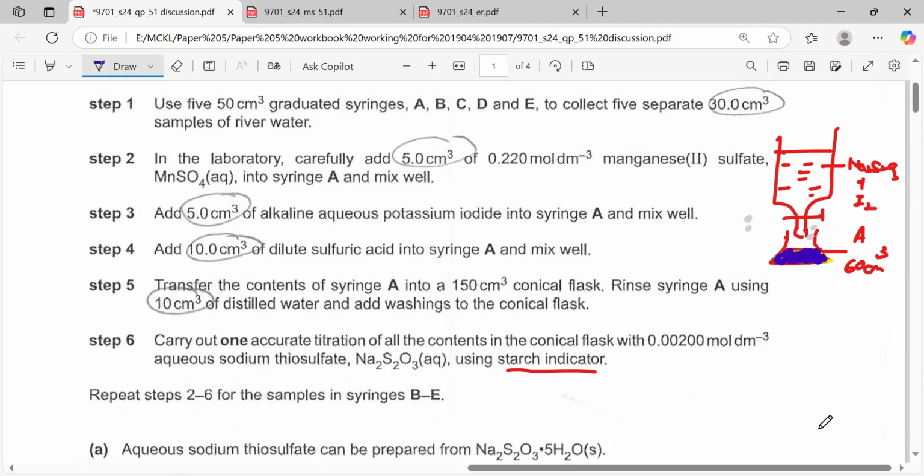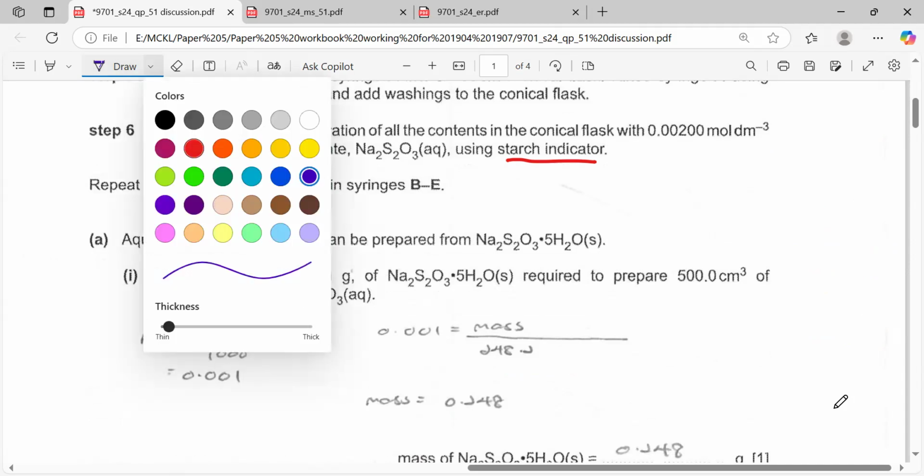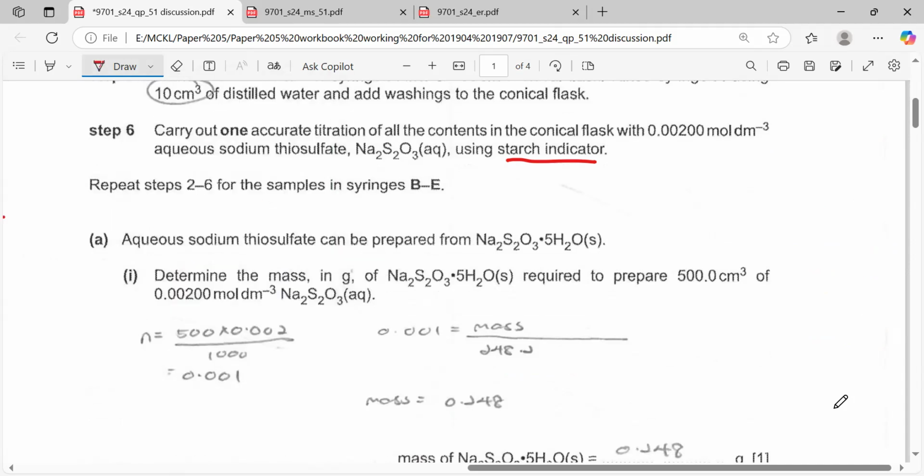It is because the iodine went and further reacted with the sodium thiosulfate, then I think the blue-black will disappear. So I think your endpoint would be blue-black to colorless. That's what I think for now. Okay. Now, we repeat step 2 to step 6 for the samples in syringes B to E.